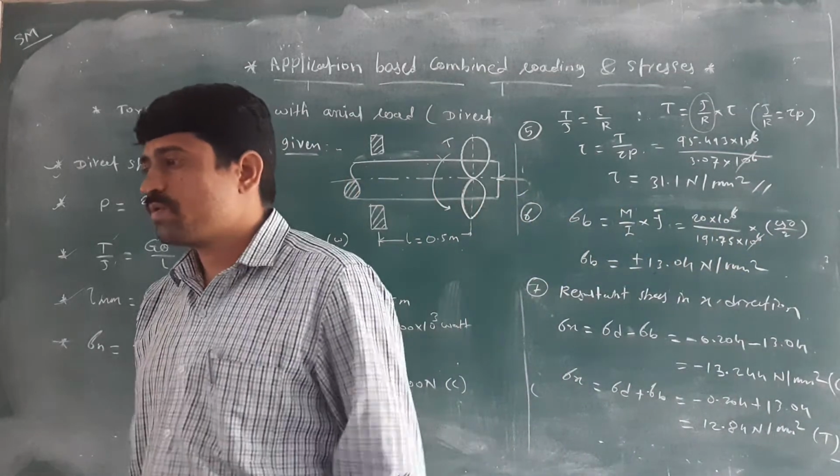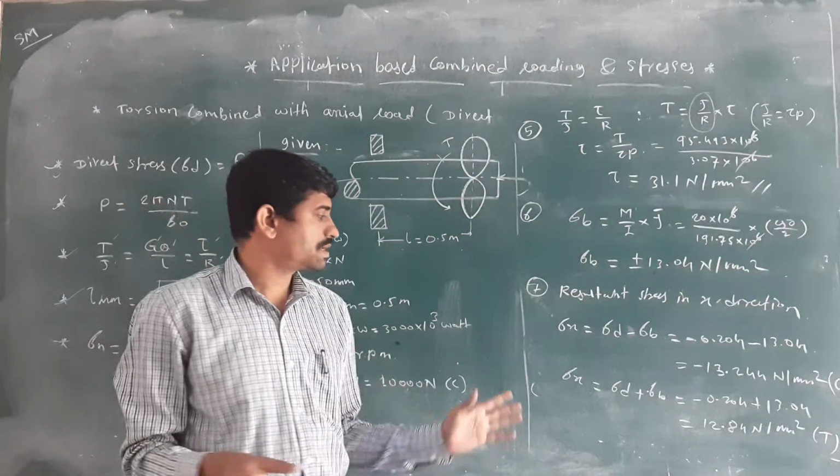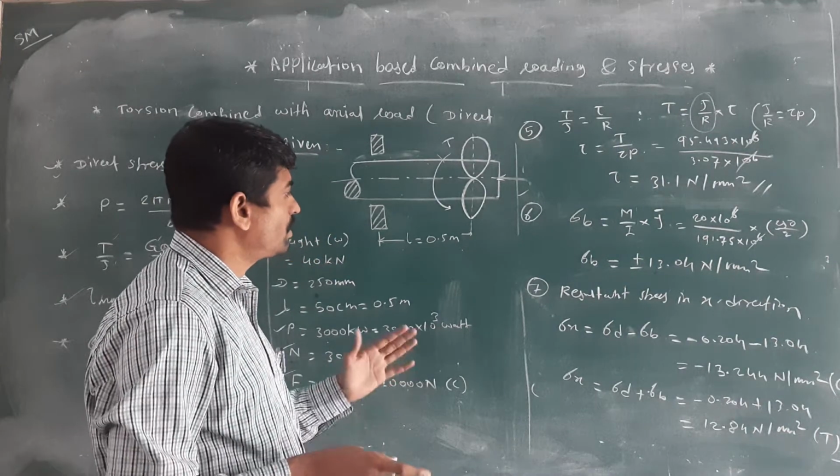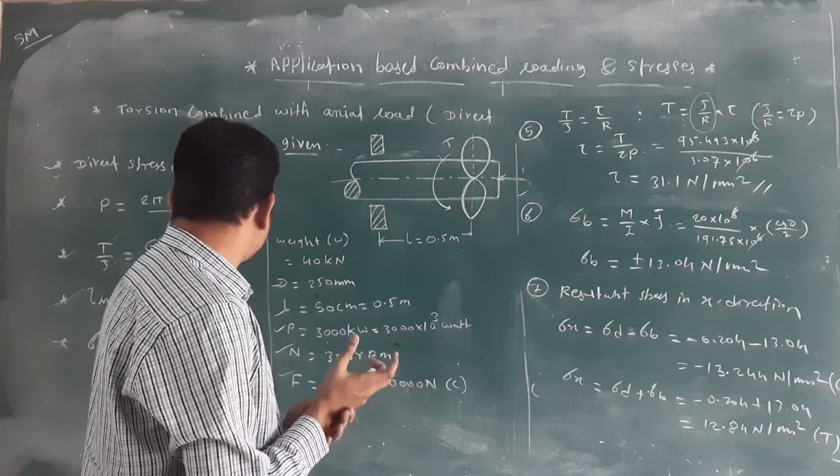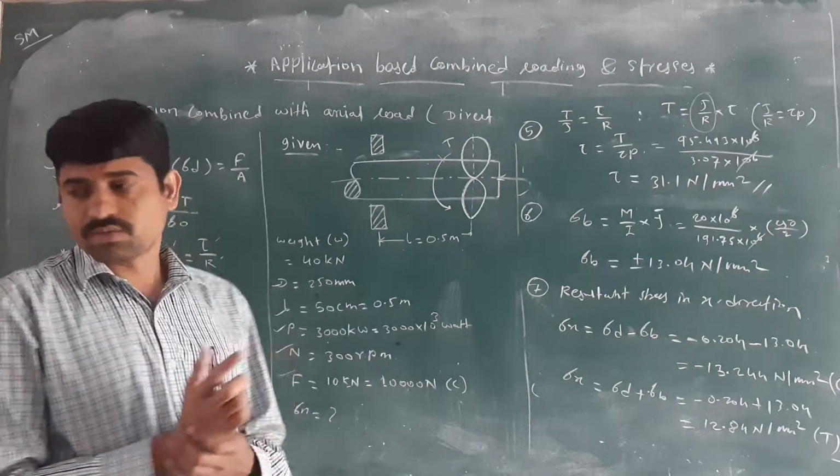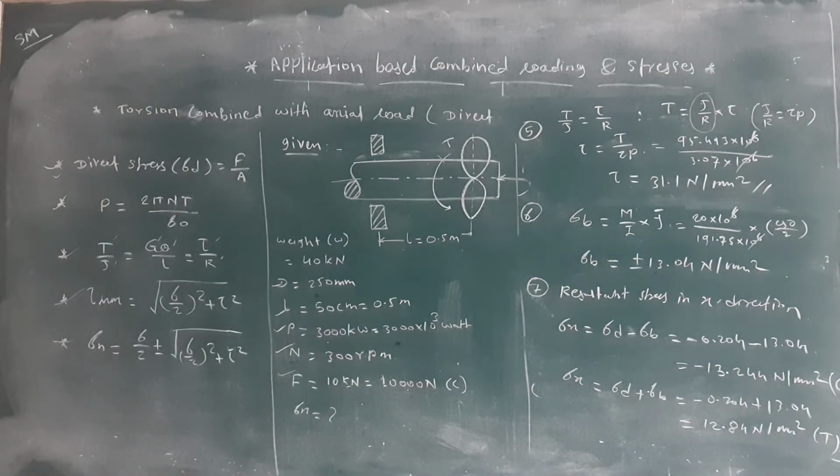All of you, are you getting how to solve this type of numerical? You have calculated the resultant stress in x direction. Once you have calculated, see what to do next. You can also calculate this by the graphical method.